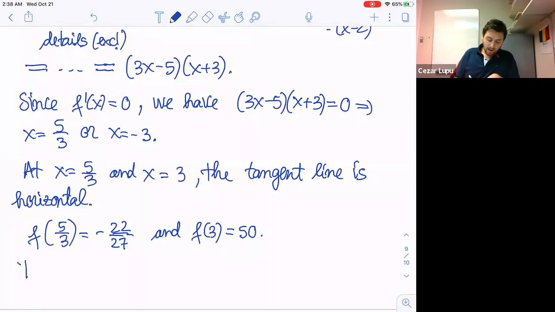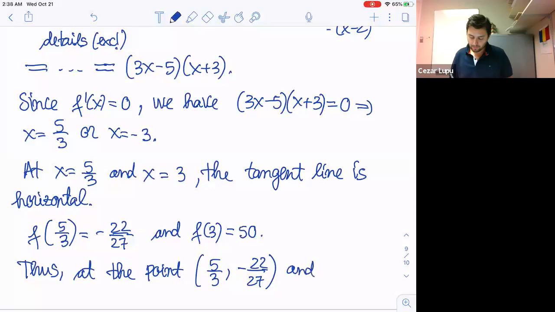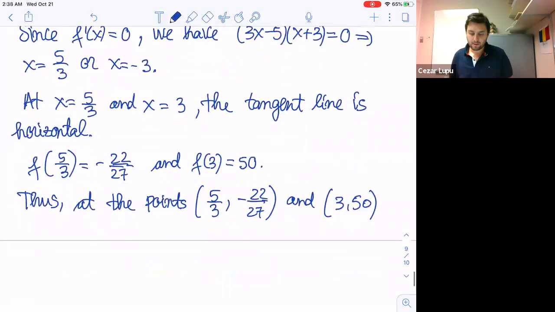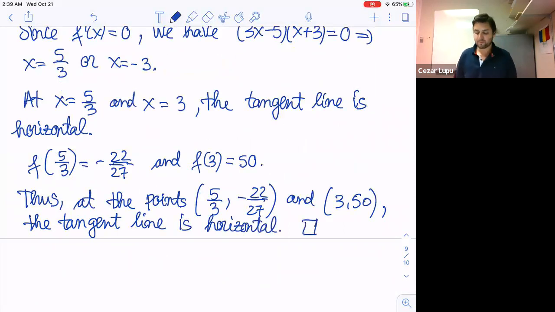And we can say that at the point of coordinates 5 over 3 and negative 20 over 27, and the point of coordinates negative 3 and 50, the tangent line is horizontal. And that's the end of the problem.